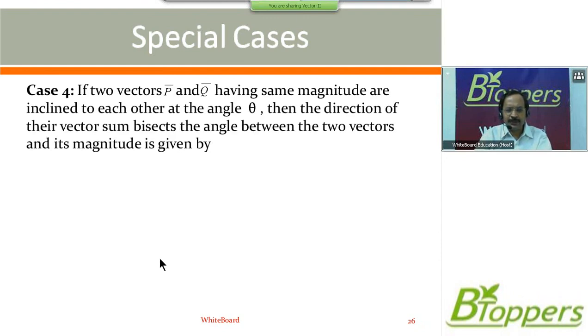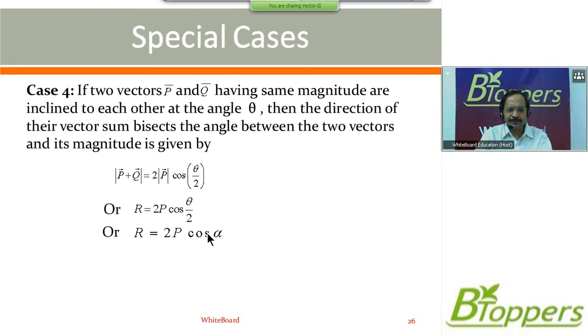Coming to the next case 4. In general, if two vectors P bar and Q bar having same magnitude are inclined to each other at an angle theta, the direction of their vector sum bisects the angle between the two vectors, and its magnitude is given by magnitude of the resultant of P bar and Q bar equal to 2 into magnitude of P bar into cos theta by 2, or same result can be written this way, R equal to 2P cos theta by 2, or you can also write as R equal to 2P cos alpha.